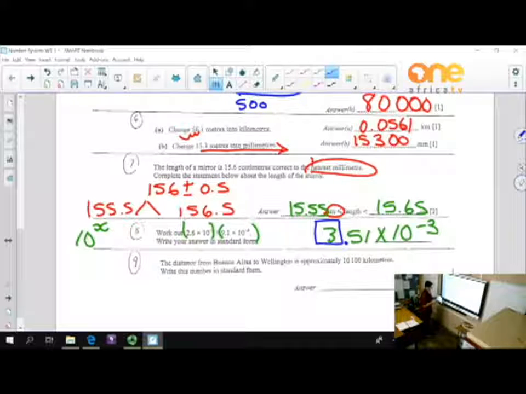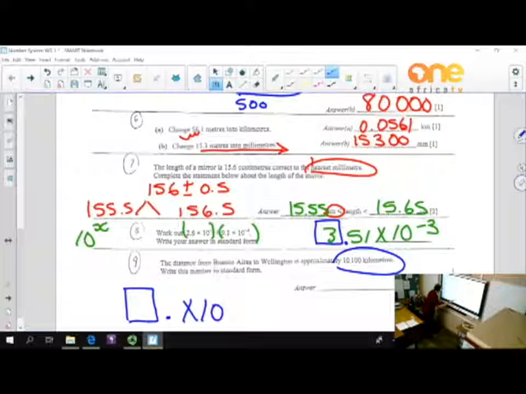And then the last one, the distance from Buenos Aires to Wellington are so many kilometers. Now here's a nice one to show it here. What is standard form? One digit times 10 to the power of n. So the one digit is the first number. And what is the first number here? 1.